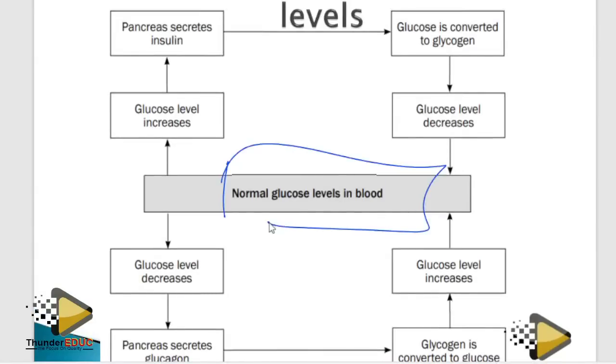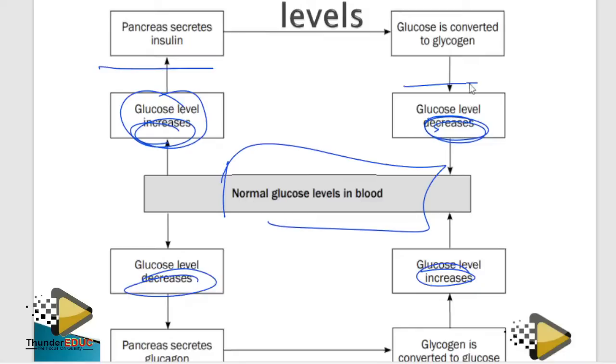Look, normal level of glucose. If there is an increase here, there is a decrease here. If there is a decrease here, there is an increase here. So you have two places to fill in. The first is for the gland: the pancreas secretes insulin. Then the function of insulin: glucose is converted into glycogen. Insulin stimulates the liver to convert glucose to glycogen, and then the level of glucose goes back to normal.